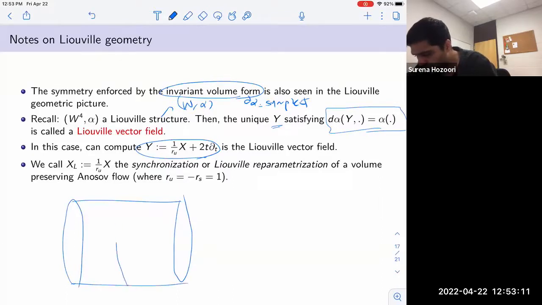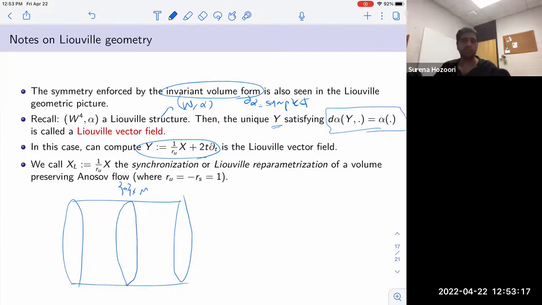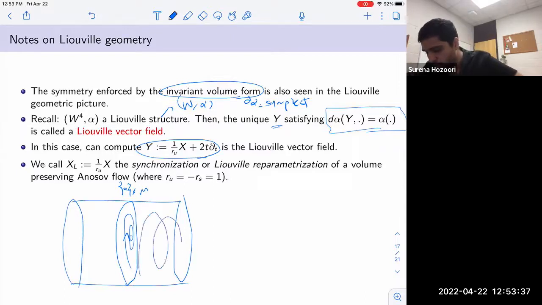If you look at the middle fiber, which is 0 times M, that is when t is equal to 0, the Liouville vector field is basically a reparameterization of this flow. And as you move away from this 0 fiber, you will have this t direction added.